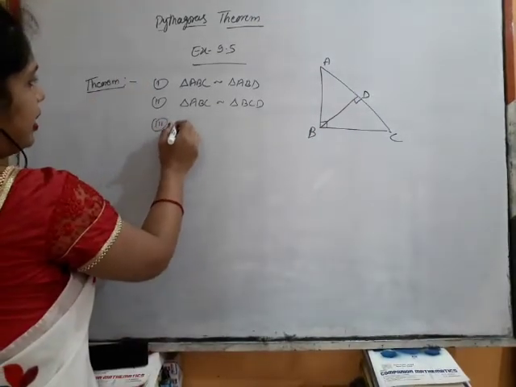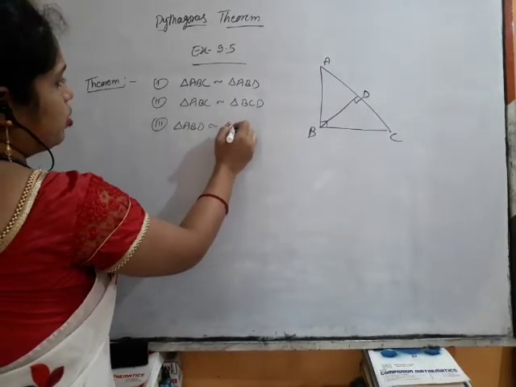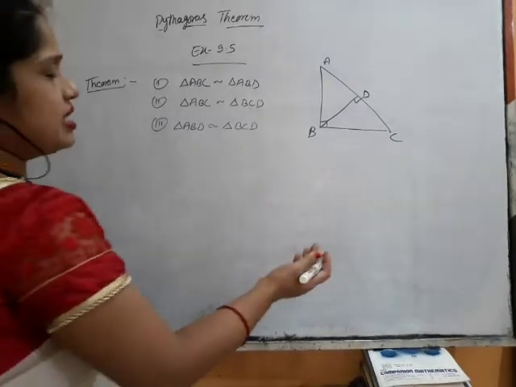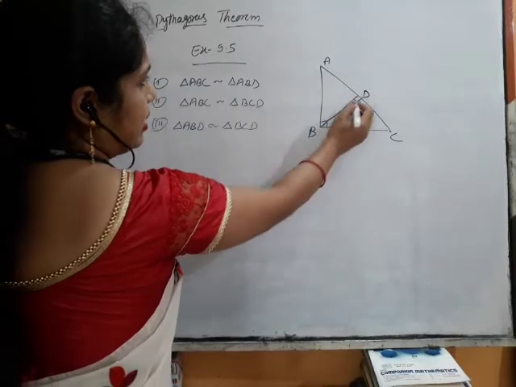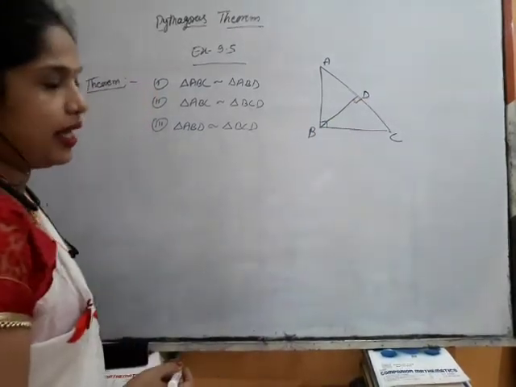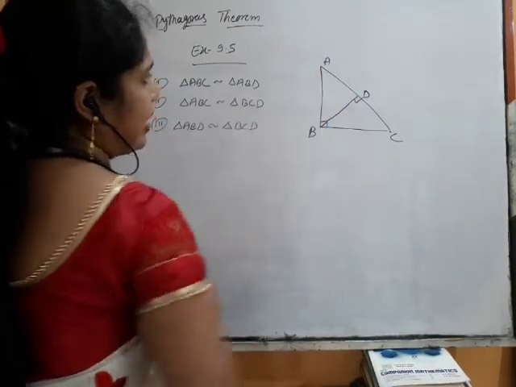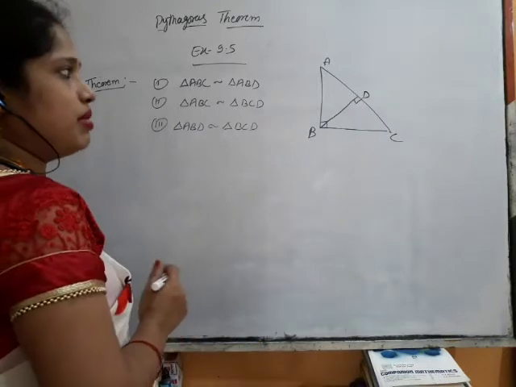And the third thing is triangle ABD is similar to triangle BCD. Okay, it's very easy, since if we consider ABC and ABD, then this angle and this angle are of 90 degrees, and angle A is common, so by angle similarity they become similar.